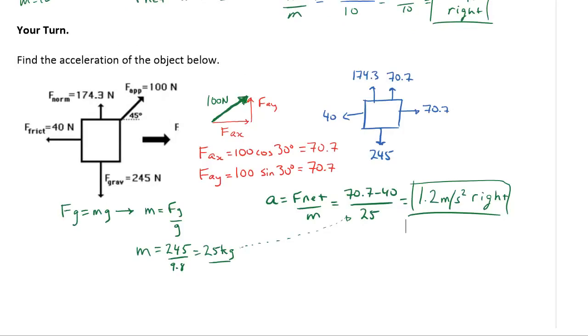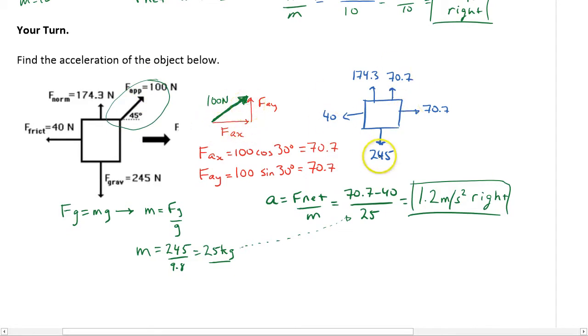Okay, so I completed the answer here, and hopefully you had done the same, and our answers are pretty close to the same. So I took that 100 newtons and I changed it to its x and y components, and I redrew it. So the idea is I'm replacing my original vector with these two, the x and the y components, because this is the same thing as this and that.